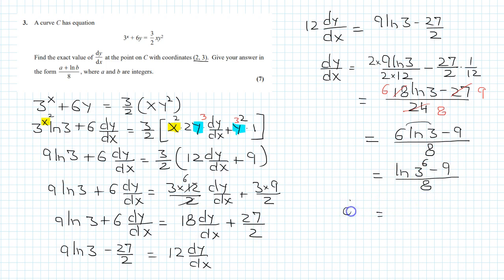So dy over dx will be ln 3 to the power 6, means 3 times 3 is 9 times 3 is 27. 27 square is 729. 729 minus 9 over 8. So this is B, this is A. We can write that B is equal to 729 and A is equal to minus 9.